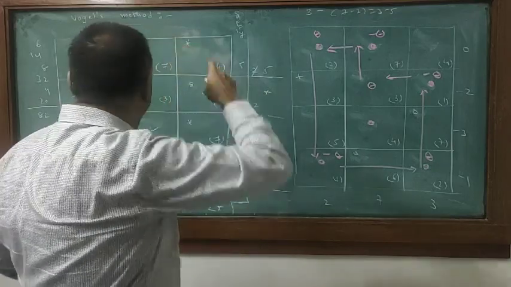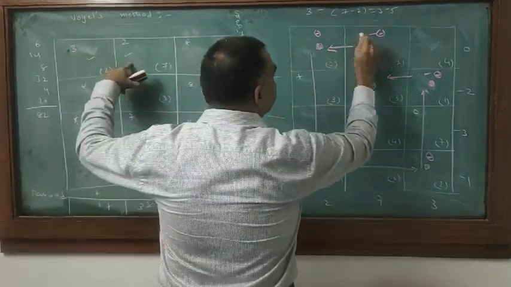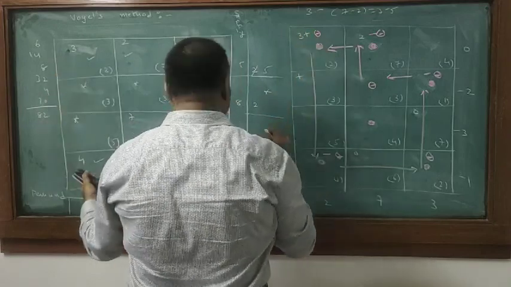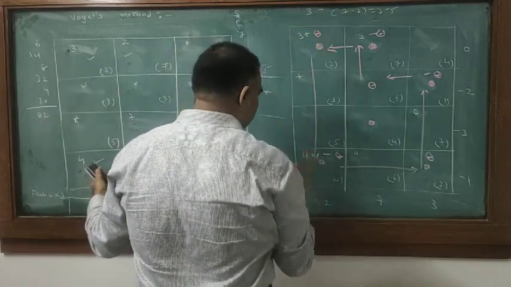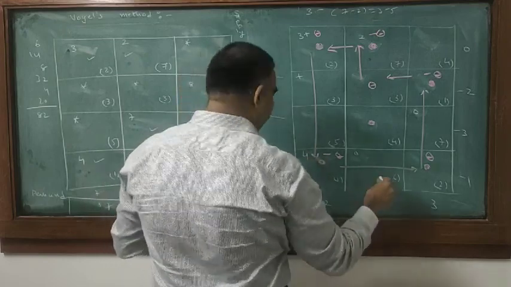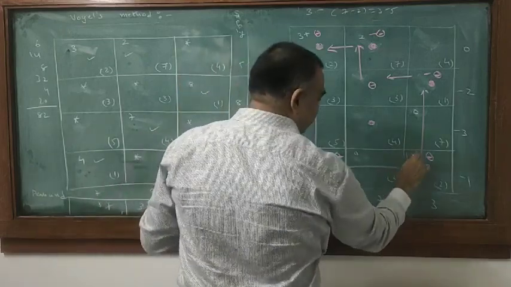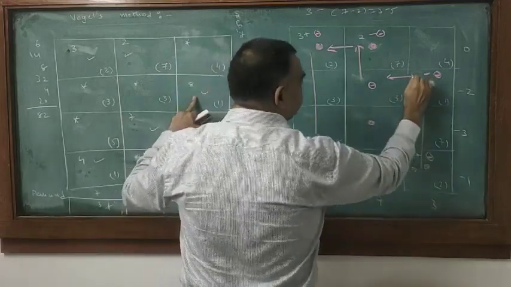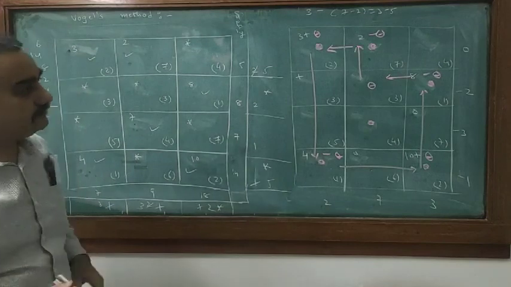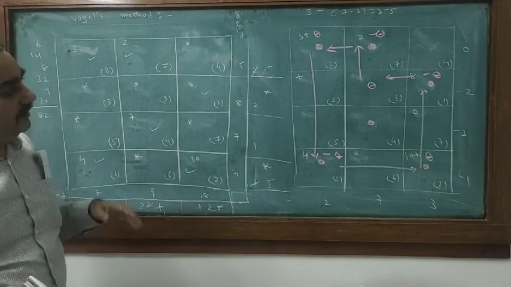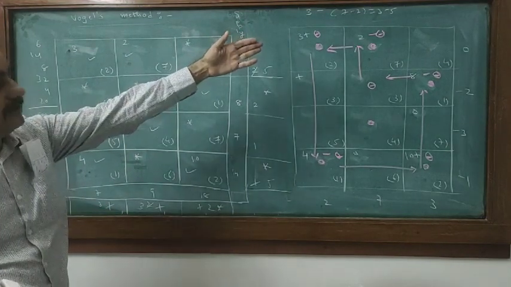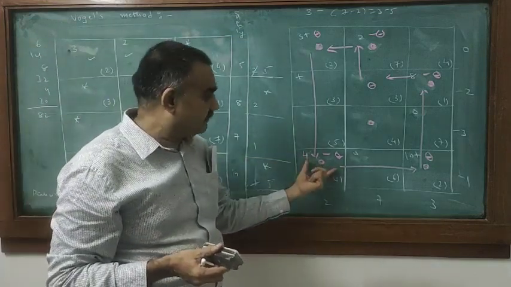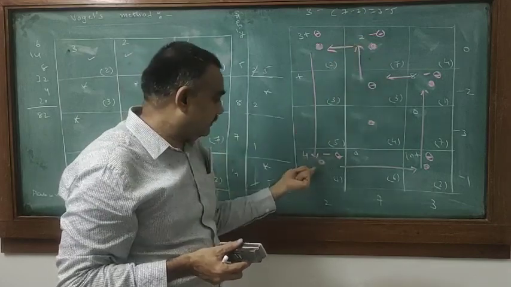We have theta, here it is 2 minus theta, here it is 3 plus theta, here it is 4 minus theta, here it is 10 plus theta, here it is 8 minus theta. So the value of theta will be 2, because we have to find the minimum among these minus theta terms.